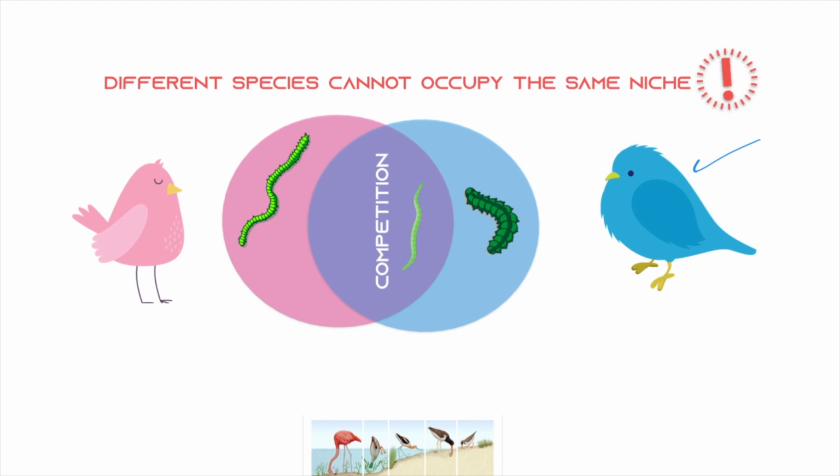But when conditions change, like when you have drought or less food, then the competition starts to increase because there's a limited supply of food. At that time, the organism that is better adapted is the one that would win this competition, and it usually excludes the less adapted organism.